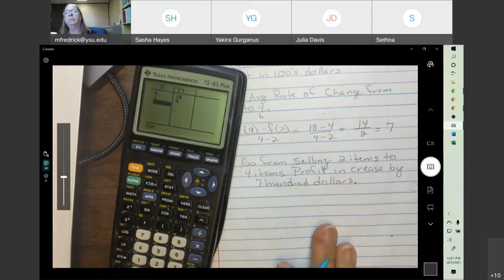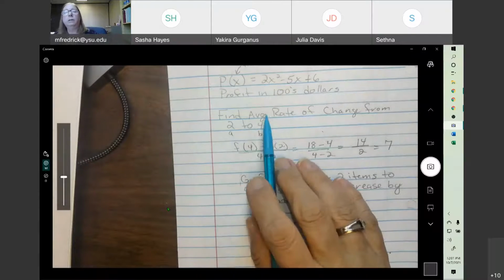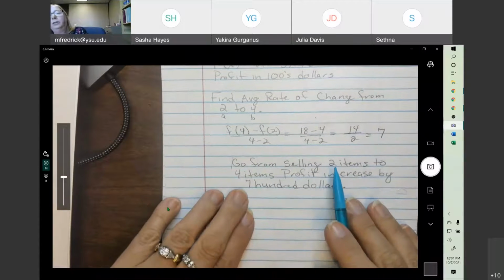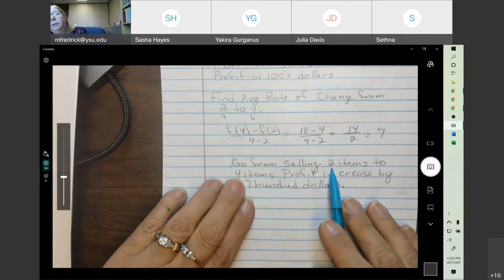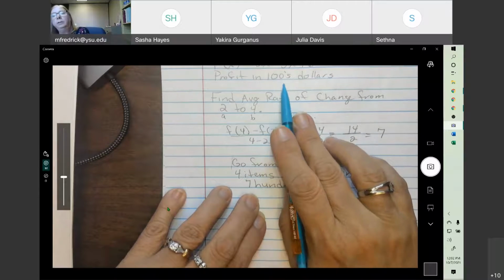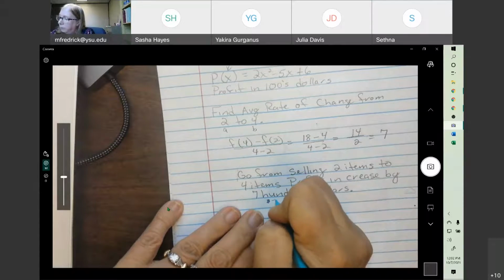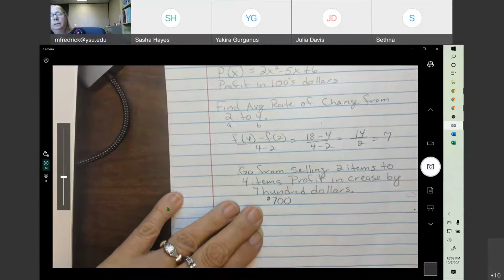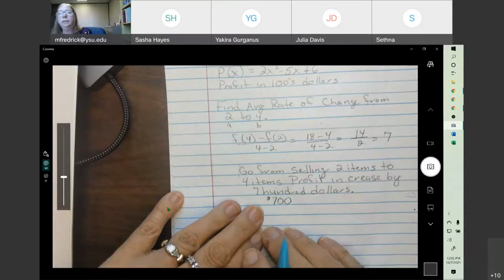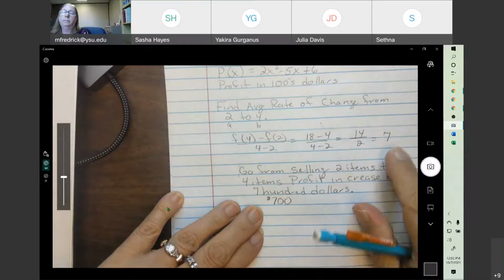So as we plugged in 2 and 4, and X is items, we go from selling 2 items to 4 items, our profit will increase by, and profit was in hundreds, so $700. Either way, because profit was in hundreds, you have to multiply by 100.